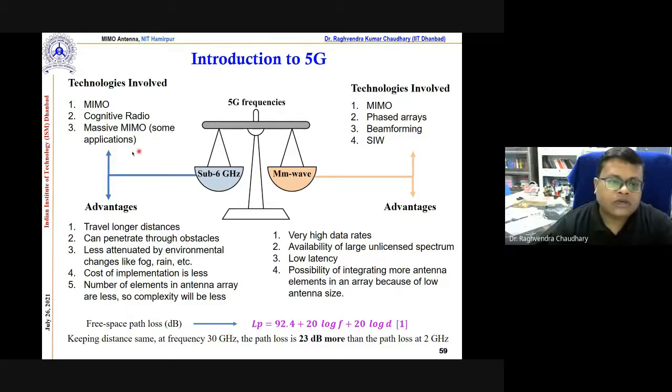Here, when we are talking about MIMO and cognitive radio, when we are talking about sub 6 gigahertz and when we are talking about the millimeter wave, there are two additional things coming. One is the SIW, and the other is beam steering.